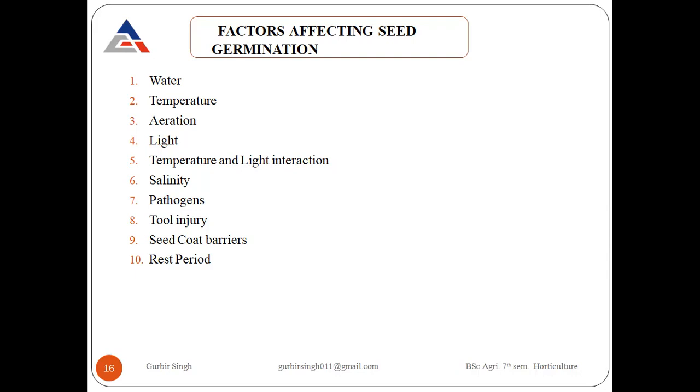Next is salinity. Salt present in the soil may also prevent or retard germination in some cases. Salt becomes more problematic if the growing media is light and irrigated with poor quality water.